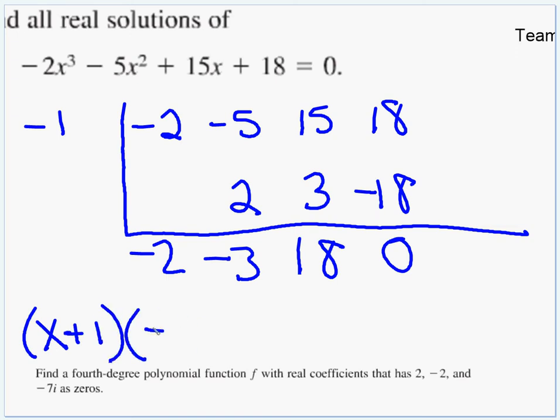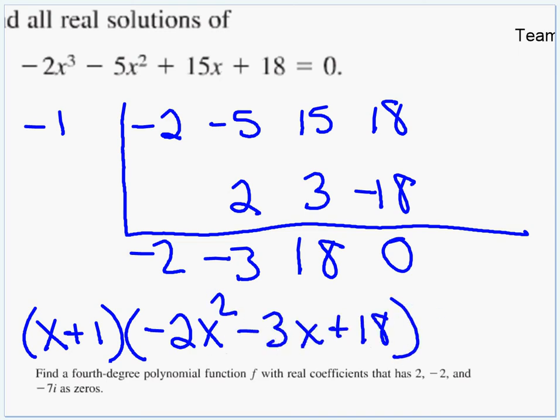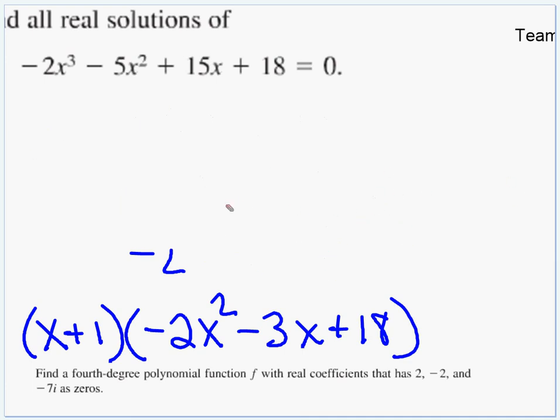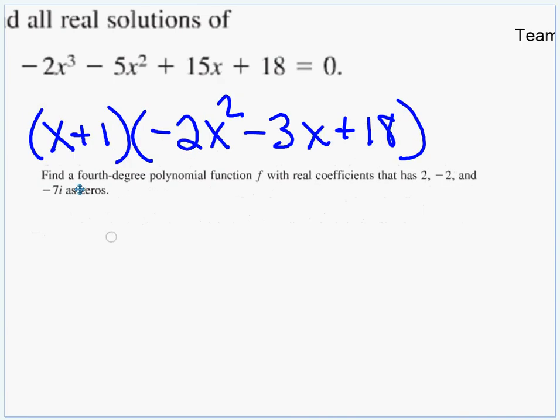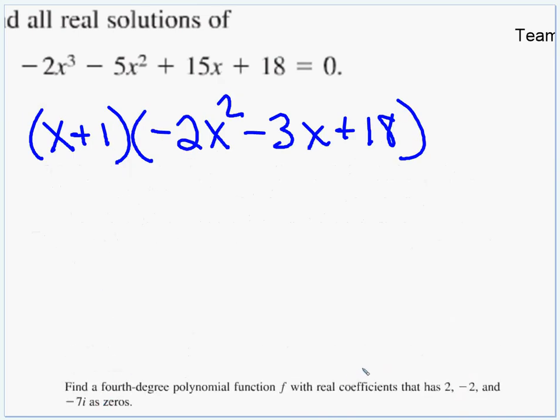And then we have a negative 2x squared minus 3x plus 18, which we should be able to do the quadratic formula on, because based on the graph, the other solutions there will be not nice whole numbers. So let's see.